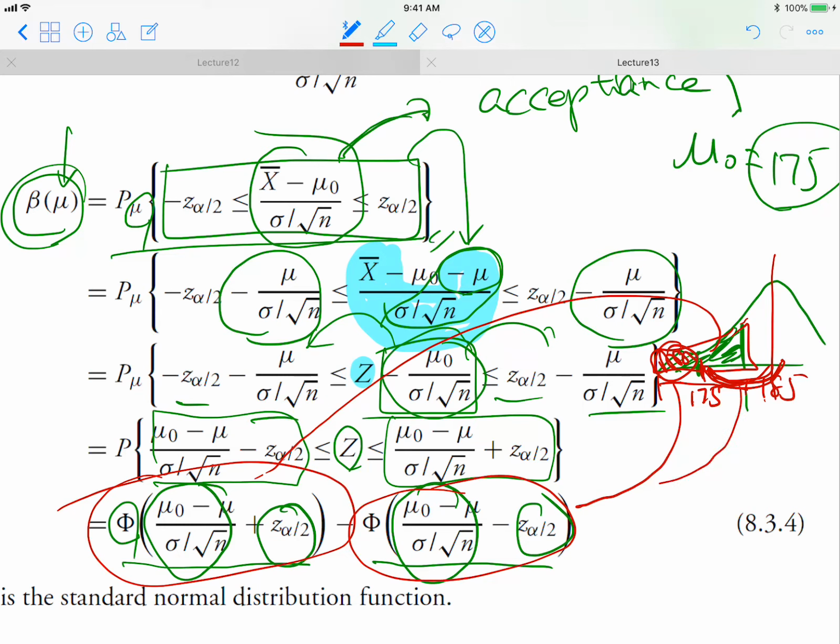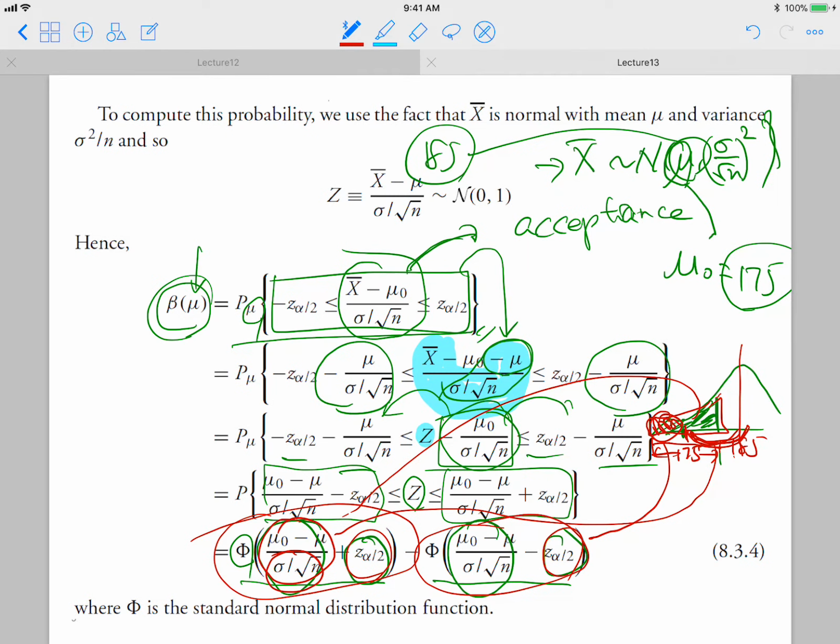And this difference was put here, even though we have this part, but that is due to the normalization kind of effect. And then minus and plus these z values. So that way, the point is beta is a function of mu.